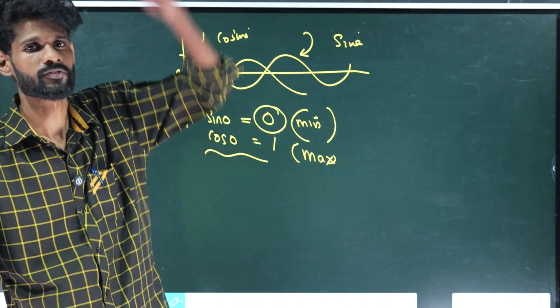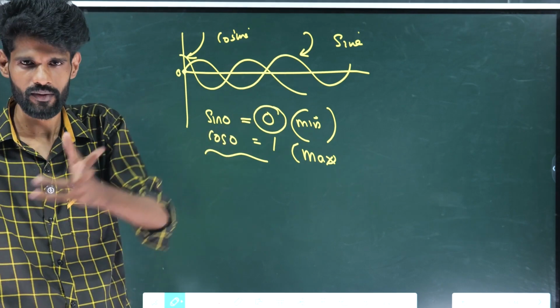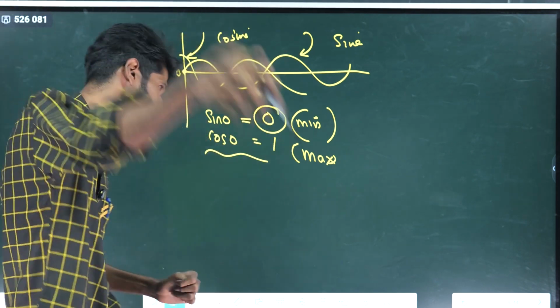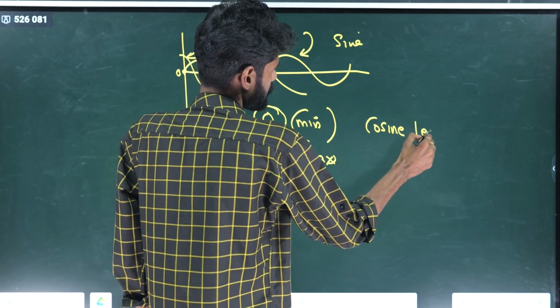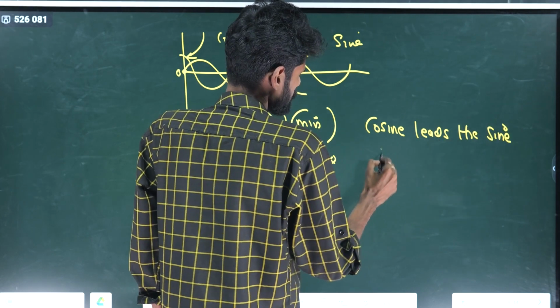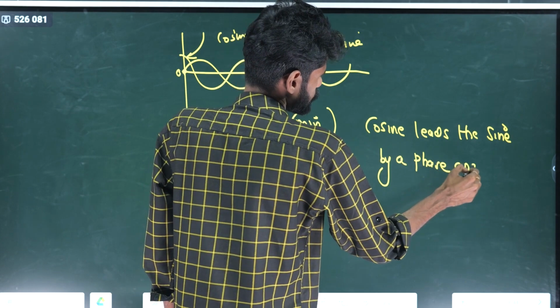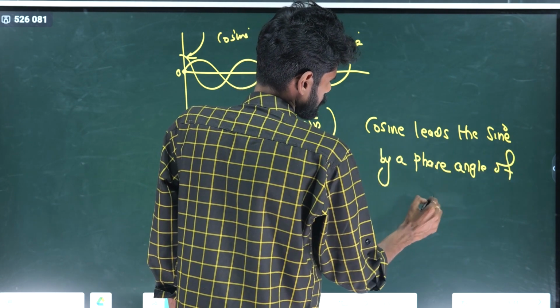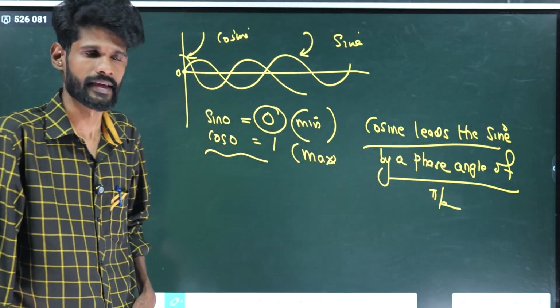That means cosine is leading and sine is lagging. That is, cosine leads sine by a phase angle of pi by 2, which is the phase difference between sine and cosine.